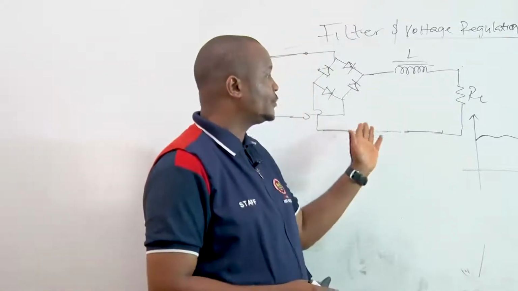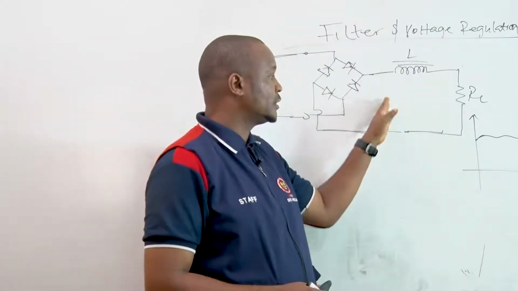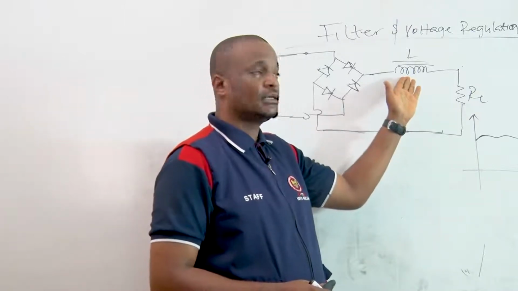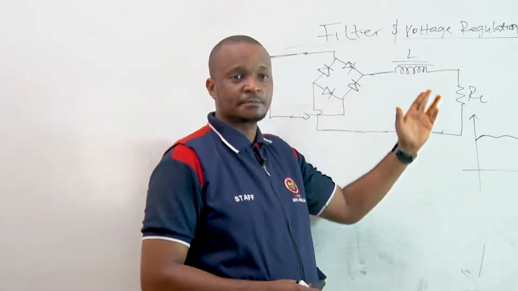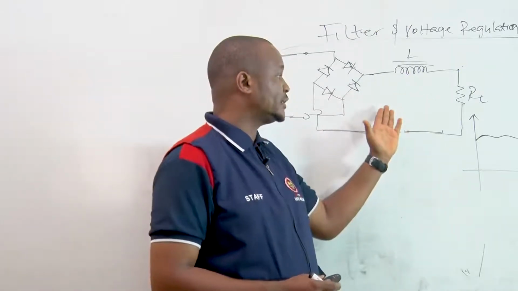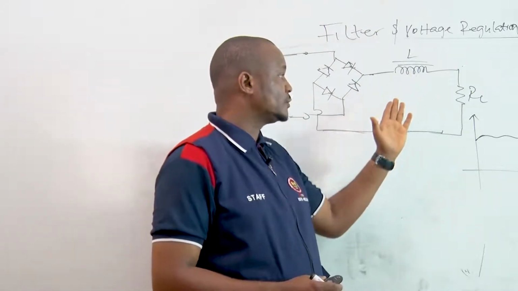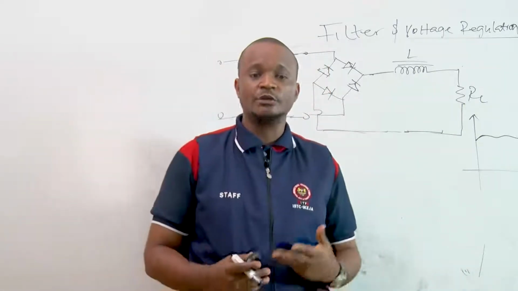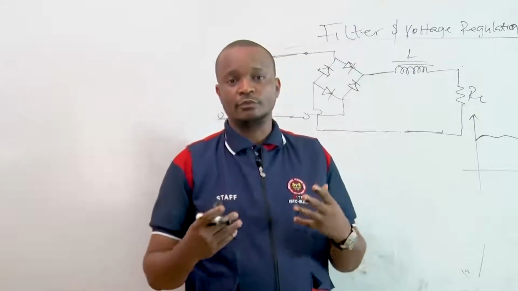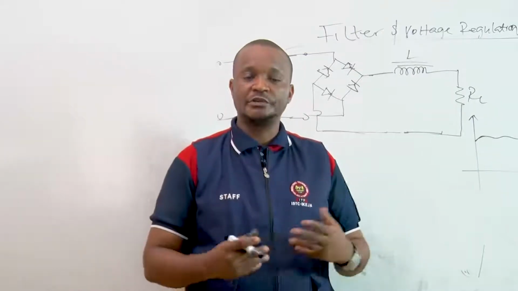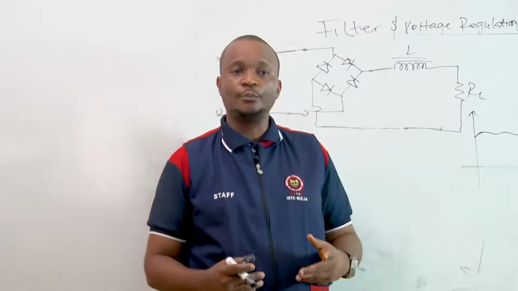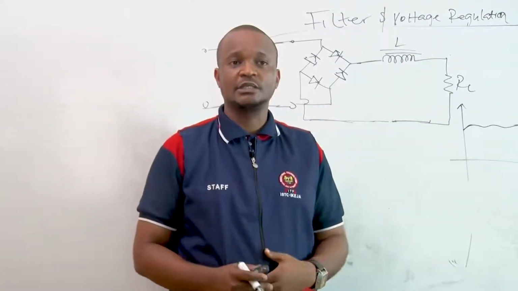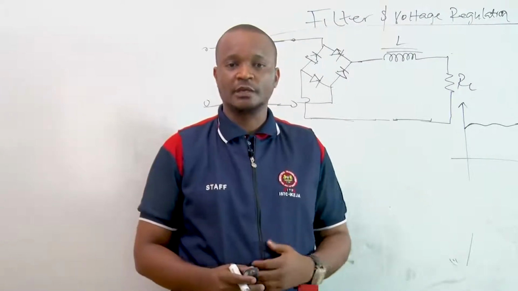In our first example, we used only a what? A capacitor. In the second example, we used an inductor connected in series. Now, the capacitor's advantage is that you use it where you require more output voltage. It gives a greater output voltage when compared to the series connected inductor filter.